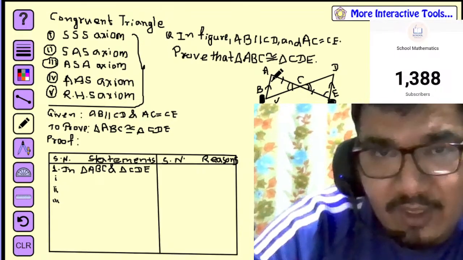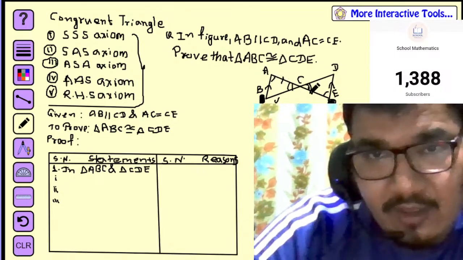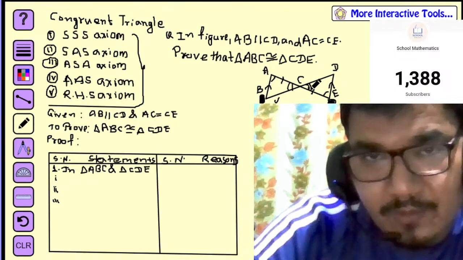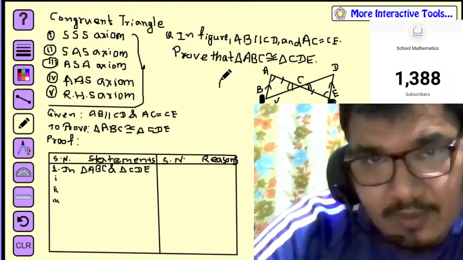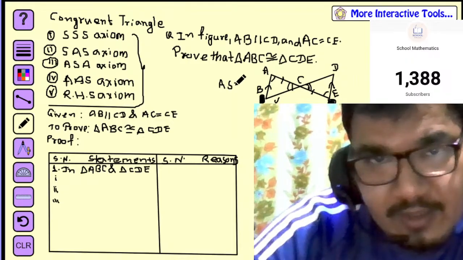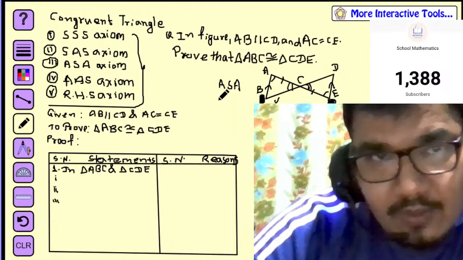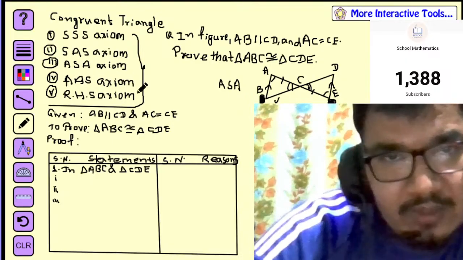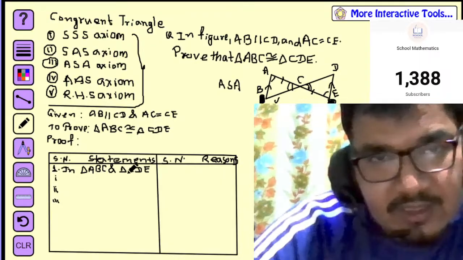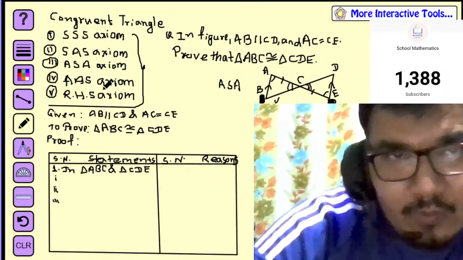Here we have angle equal, side equal, and another angle equal. That's why it becomes the ASA axiom. Among these five axioms we have to apply the one that fits this given condition.